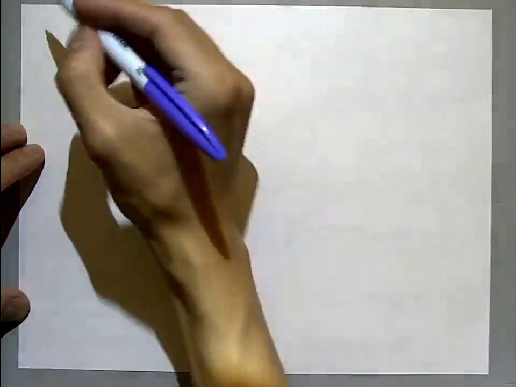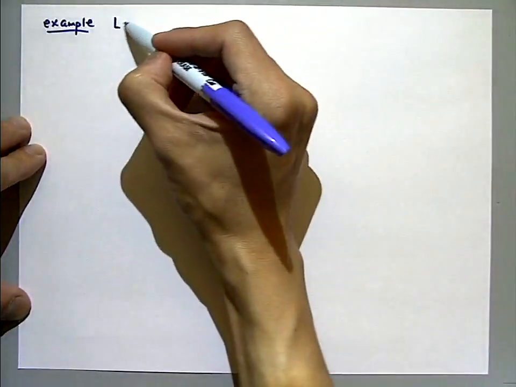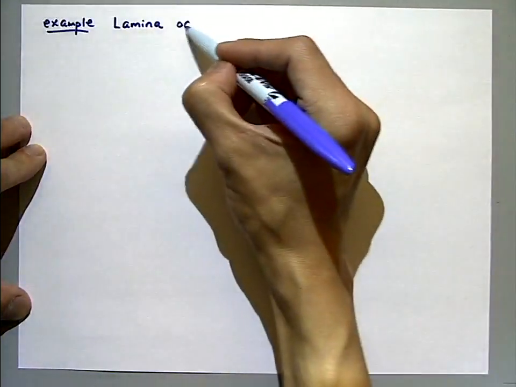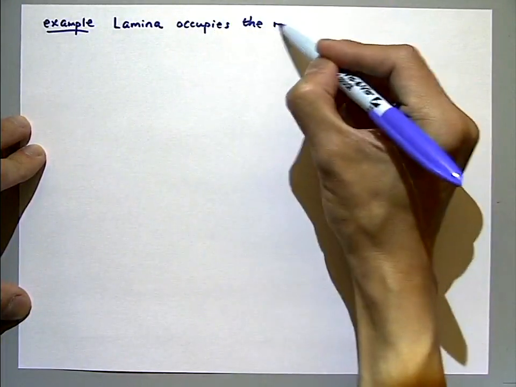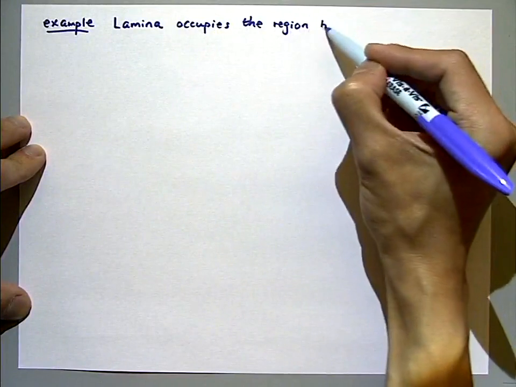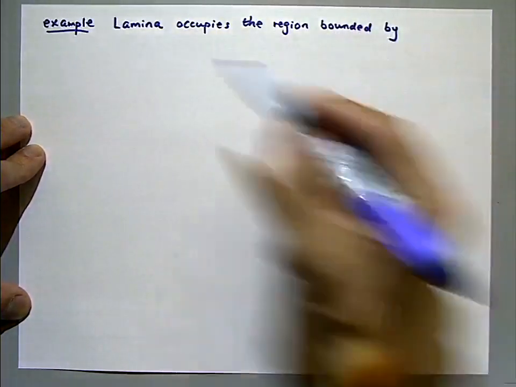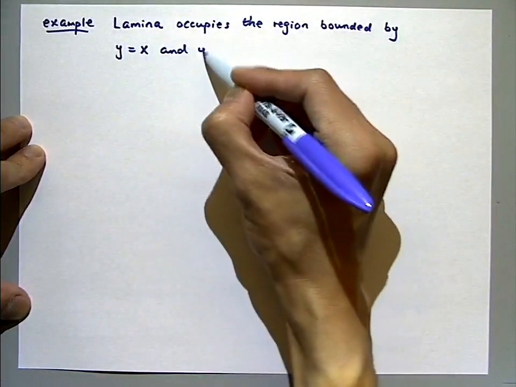Okay, let's try this on something. Let's have a lamina that occupies the region bounded by y equals x and y equals x squared.